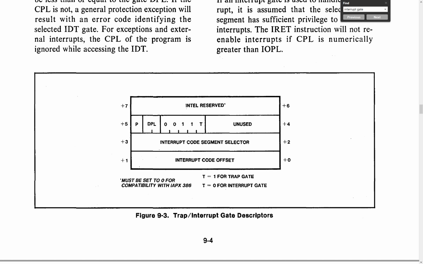Now, the descriptors for an interrupt gate or trap gate are very similar to each other. They contain a protected mode far address, selector and offset, and some additional flags. Again, present should just indicate that this descriptor is present.